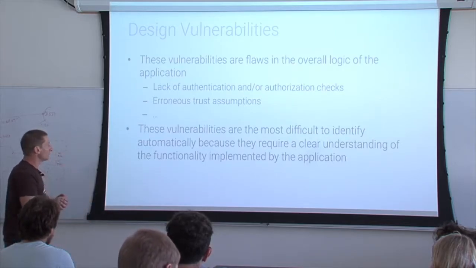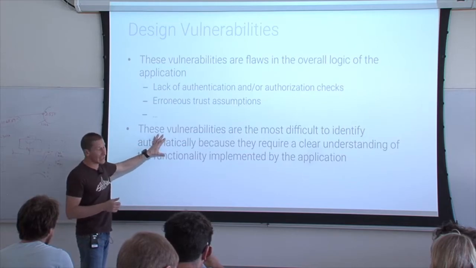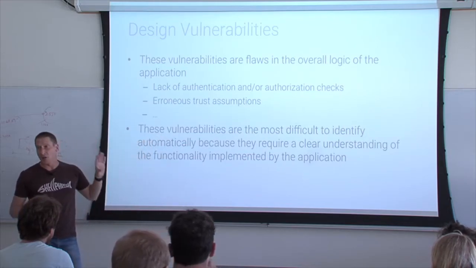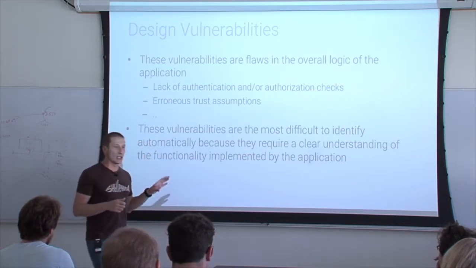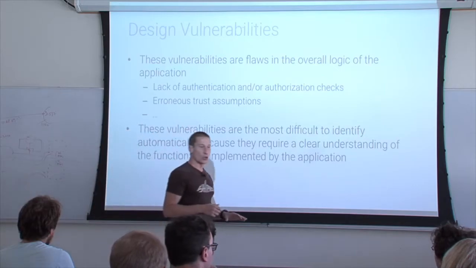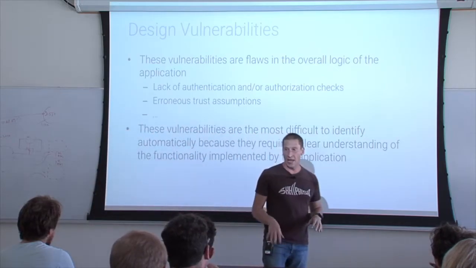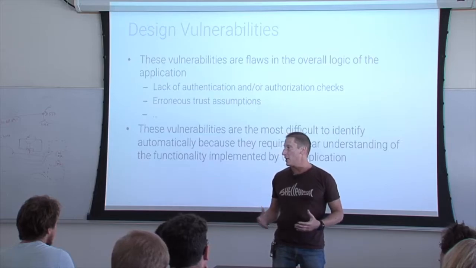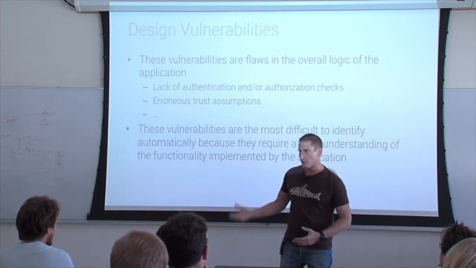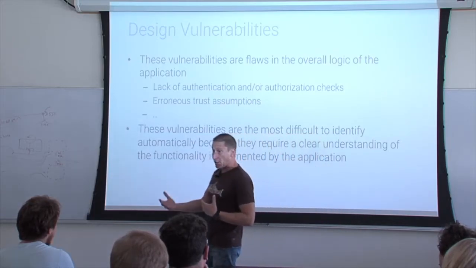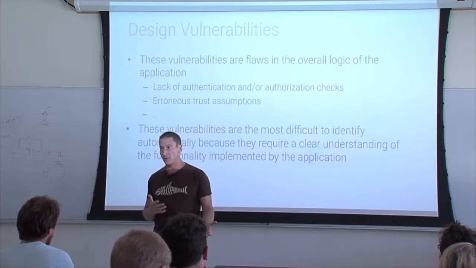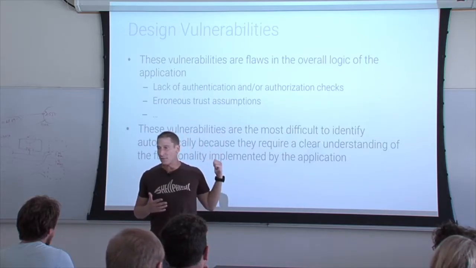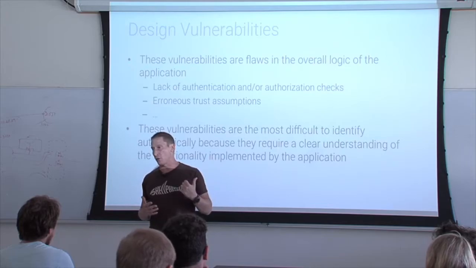Okay? So the problem with these vulnerabilities is that they're incredibly difficult to detect automatically. While a lot of research has been done in automating the identification and the exploitation of buffer overflow and format string vulnerabilities, these kinds of vulnerabilities are super difficult to automate.